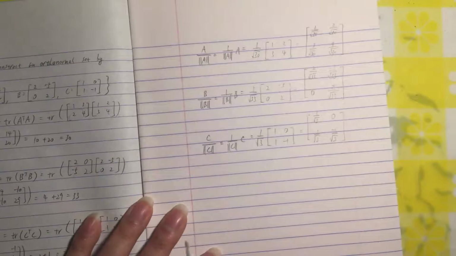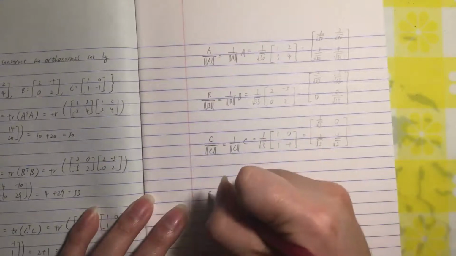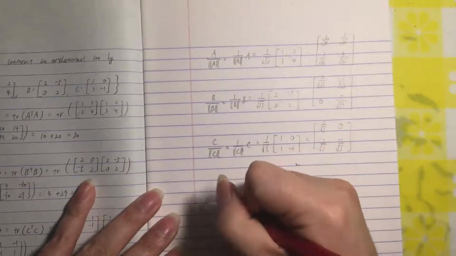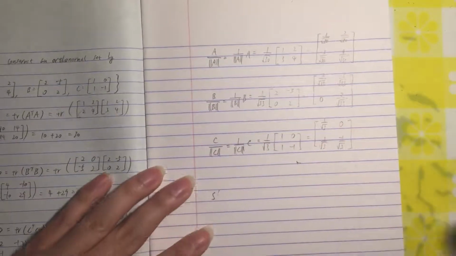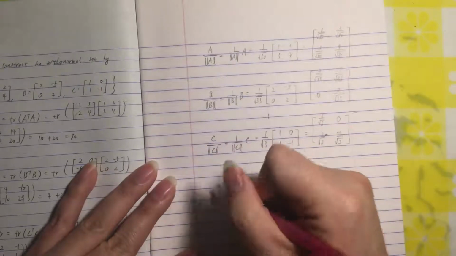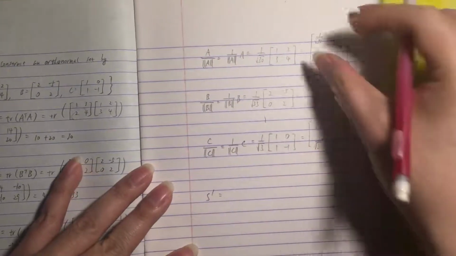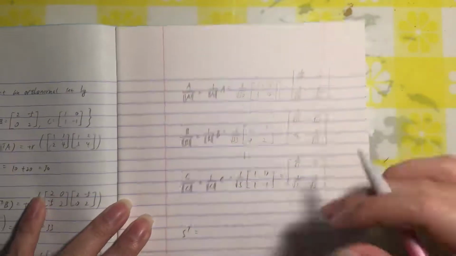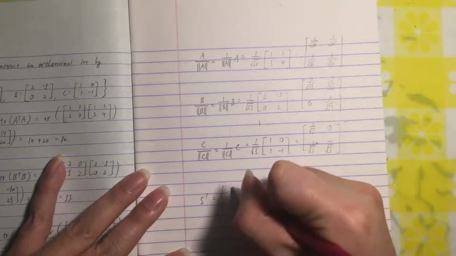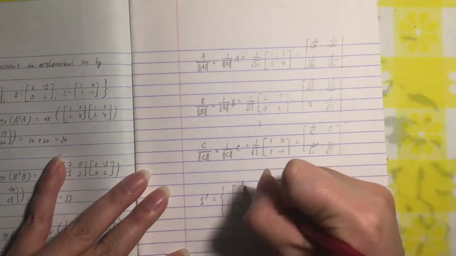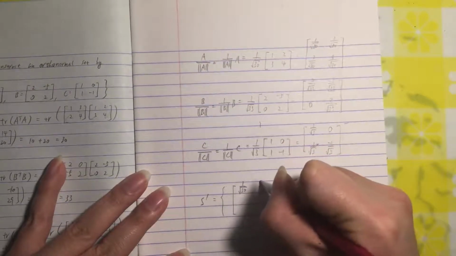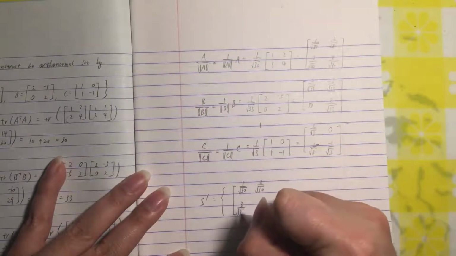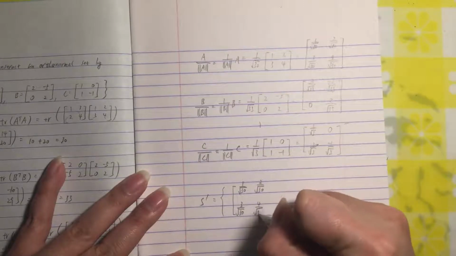So the orthonormal set is, let me call the orthonormal set S prime. I put the normalized vectors together. Put these 3 normalized vectors together. I get 1 over radical 30, 2 over radical 30, 3 over radical 30, 4 over radical 30.